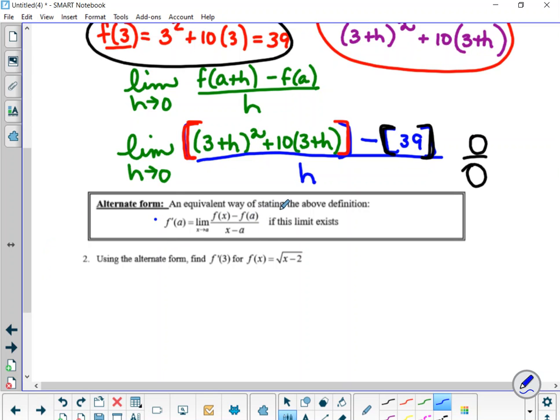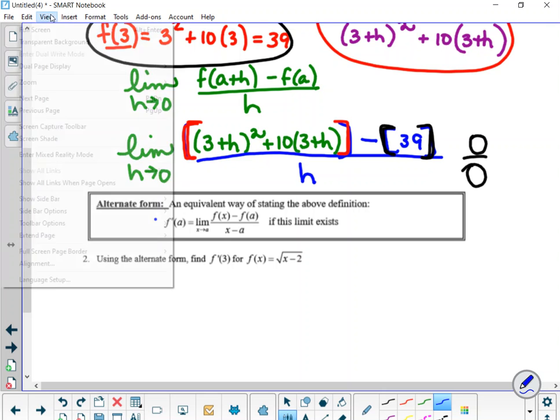So anyway, it's another version of y2 minus y1 over x2 minus x1. It's just as x approaches a.